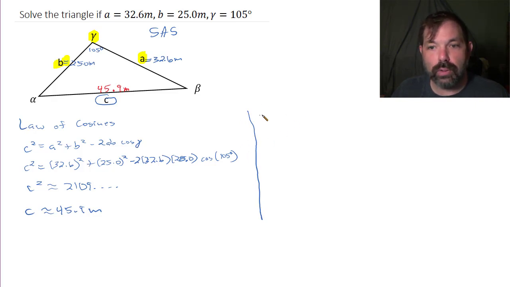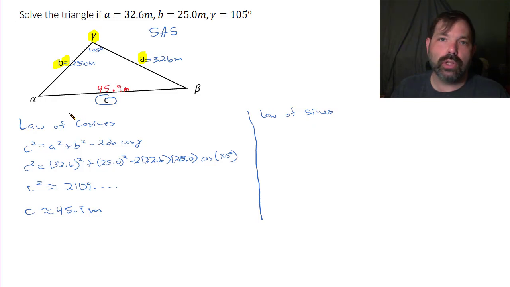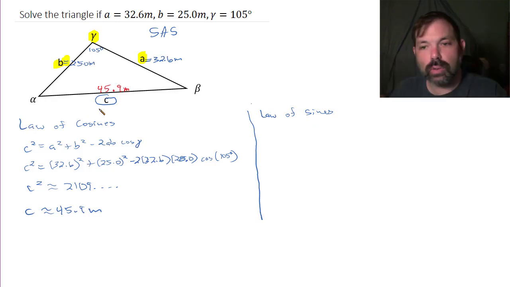So now I'm going to use the law of sines. But generally what we do is solve for the smaller remaining angle, because we know the smallest angle in a triangle must be acute. So let's use the law of sines to find the smaller remaining angle.